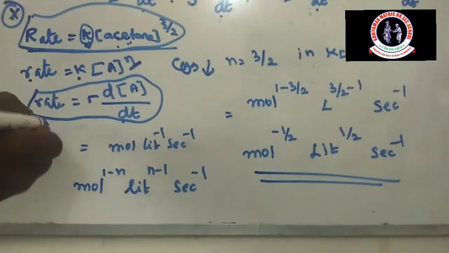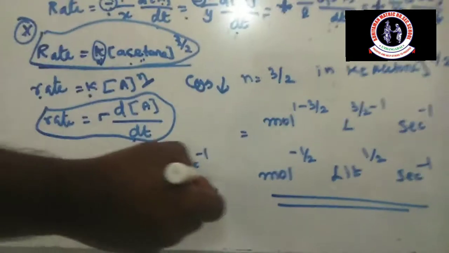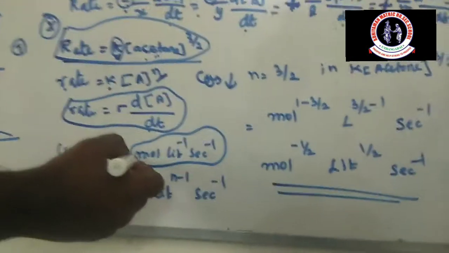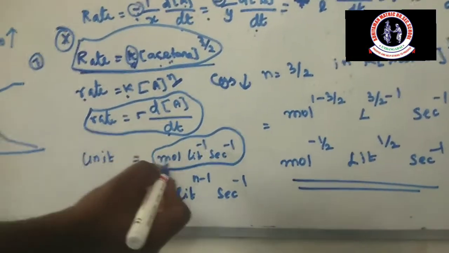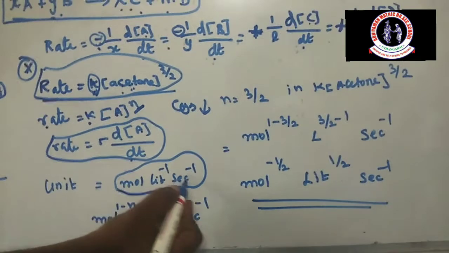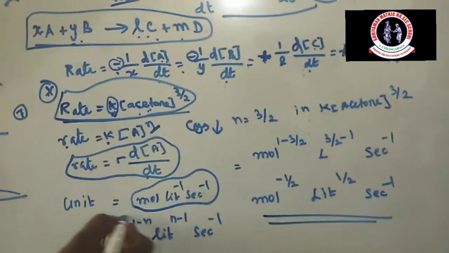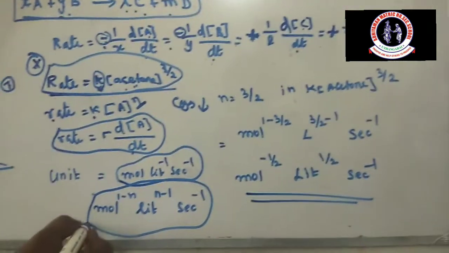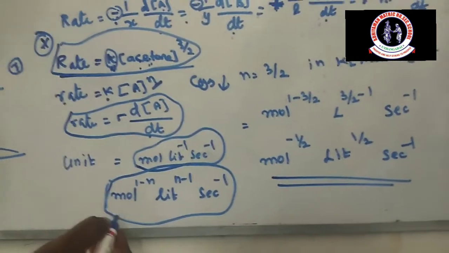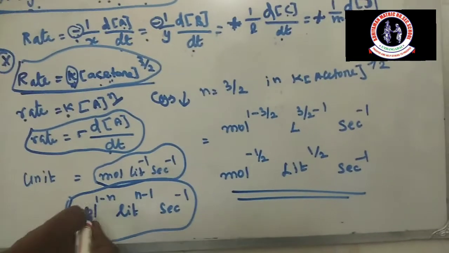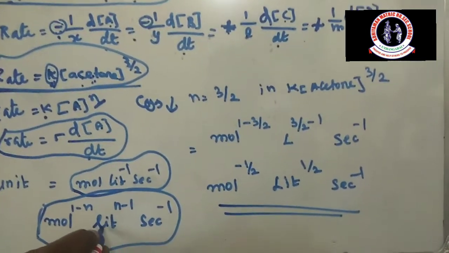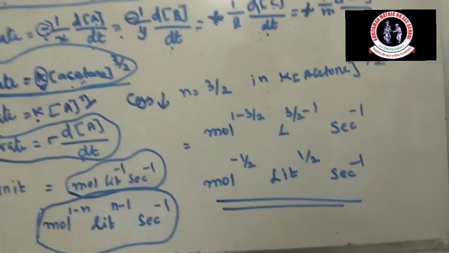We already know the general unit for rate is mole liter inverse second inverse. The general equation for the unit of K is mole to the power 1 minus n, liter to the power n minus 1, second inverse.